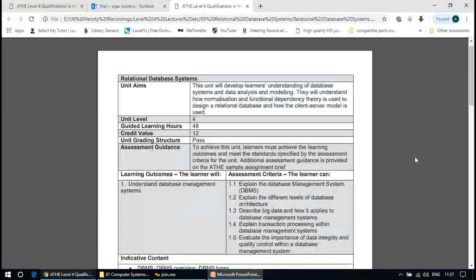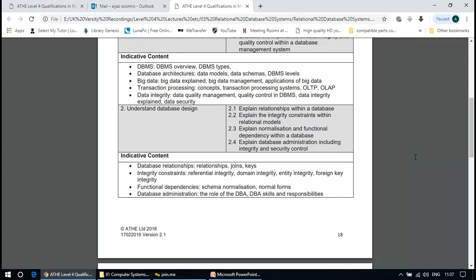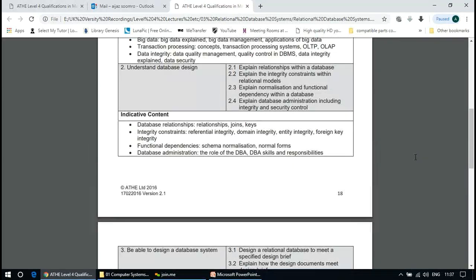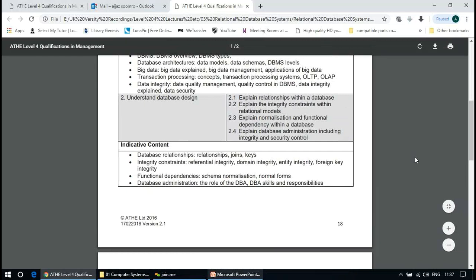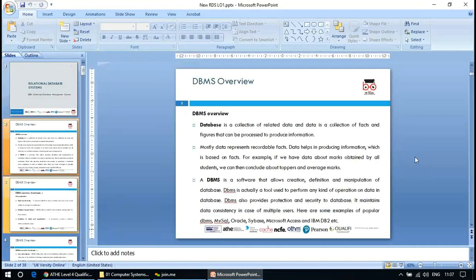In this unit, we will understand database management systems, then understand database design, and then be able to design a database system. So let us see from the definitions now.